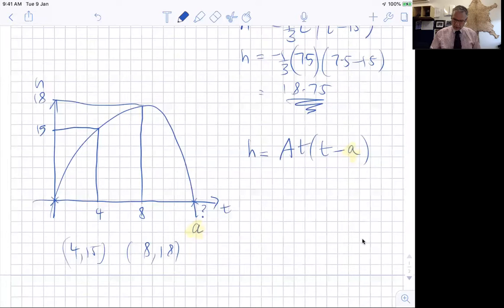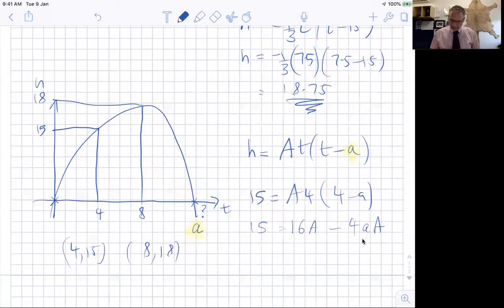We'll start with the first one: 15 is equal to A times 4, and then 4 minus a. So let's expand that out. That's 16A minus 4a.